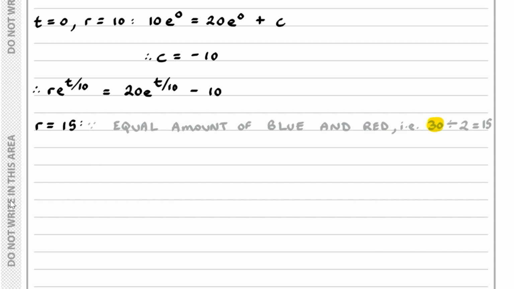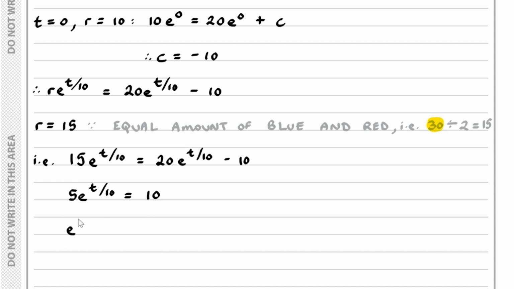So with R equaling 15, we have 15 e to the power of t over 10 equals 20 e to the power of t over 10 minus 10. So we have 5e to the power of t over 10 equals 10. e to the power of t over 10 equals 2.